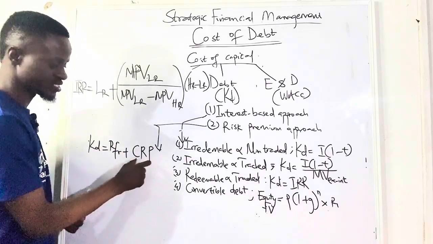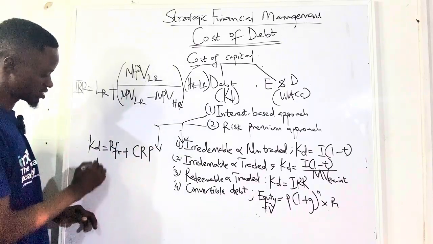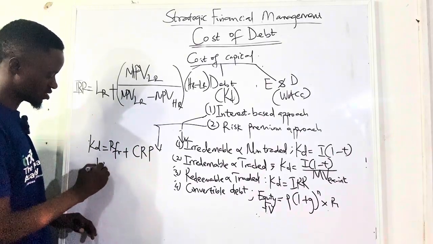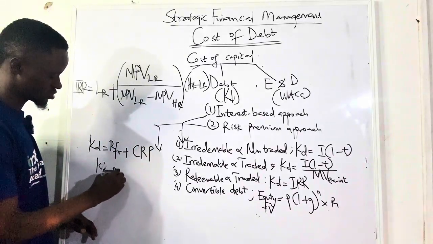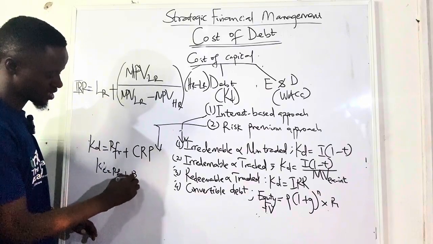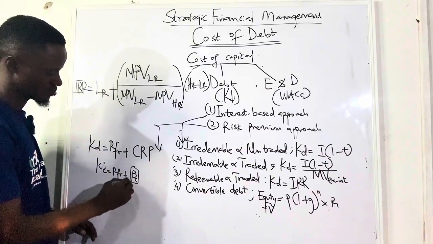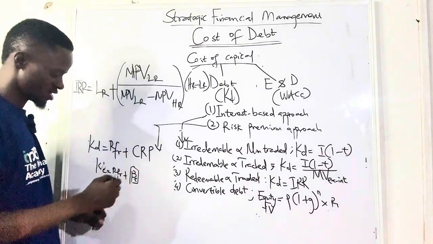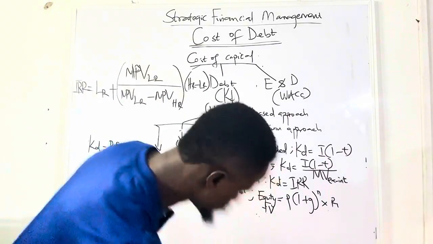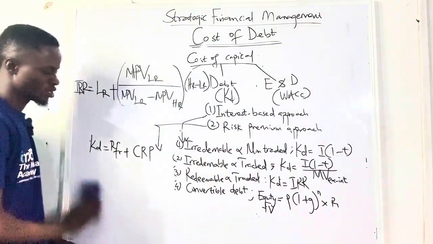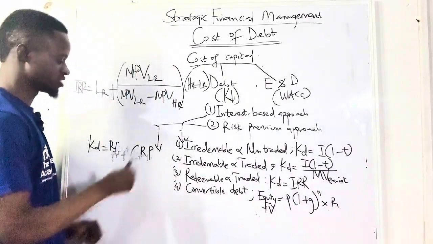This is where the risk is. In the CAPM approach, remember we said CAPM is KE equal to risk-free rate plus beta equity. This is the risk, right? But here it is not beta equity, it is credit risk premium. And this credit risk premium is usually in ratings.